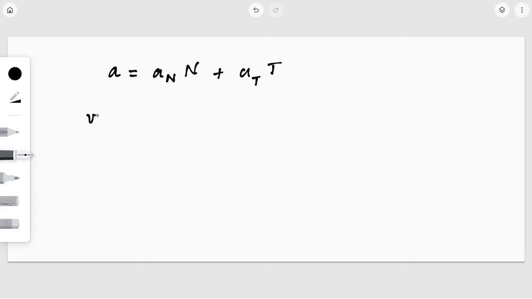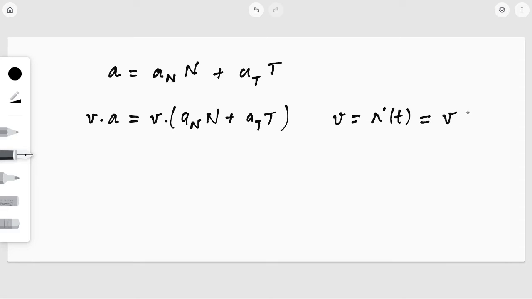What we are going to do is take first the dot product of v with a, where v is none other than r dash of t, or we can write this in terms of small v into t, where small v, I'm just recalling, was considered to be the magnitude of r dash of t, and t was none other than r dash of t by magnitude of r dash of t.